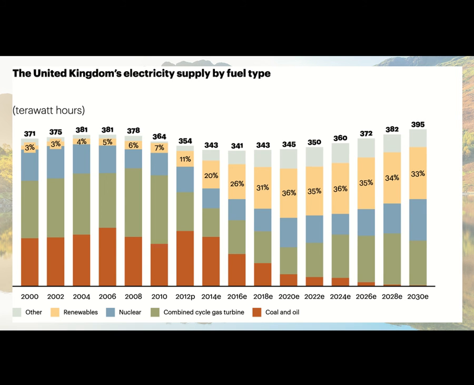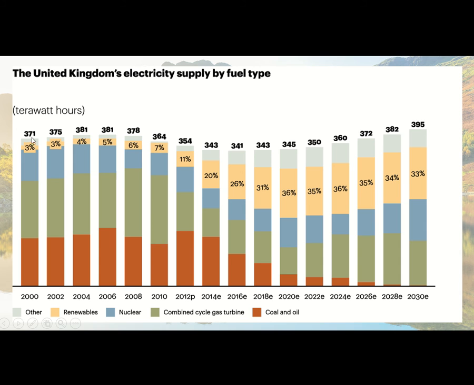So this graph shows you the electricity supplied by fuel type. Again, it's just a nice way of pictorially showing you the reliance we have on electricity currently, and then just how much that's set to increase. So if I could decipher this a little bit for you, the bars are each made up of a different year's worth of electricity supply.